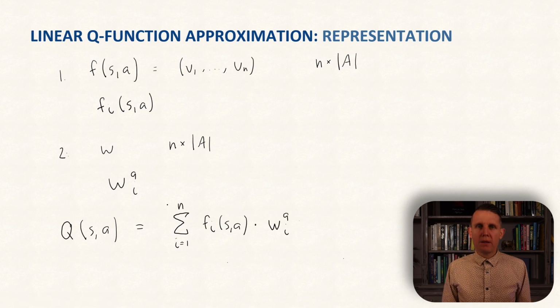As you can see here, all we simply do is sum up for the n different features we take the feature value, such as how far away is the car in the row above us, and we multiply it by the weight. It's this weight part that we're going to learn using reinforcement learning.